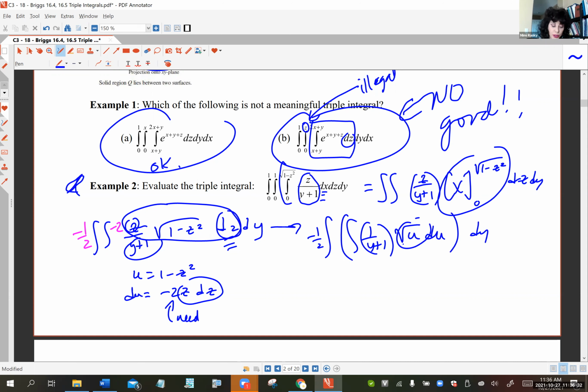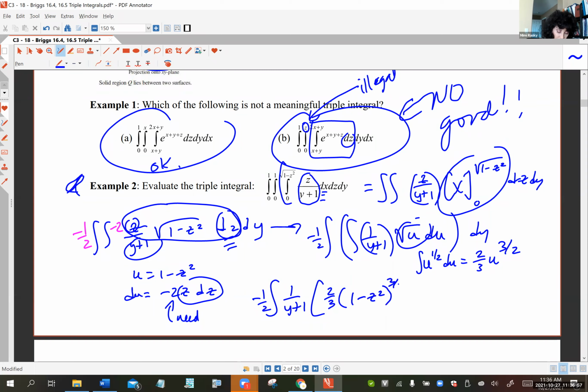And the integral of the square root of u is found by using the power rule on u to the half, which gives you 2/3 u to the 3/2. Fine. Then what? So let me pull that 1 over y plus 1 out. So you're really taking this 2/3 (1 minus z squared) to the 3/2 and evaluating that between the limits of 0 and 1. And then we'll finally integrate with respect to y.